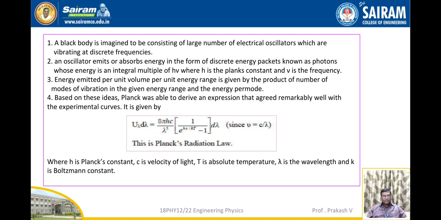It is given by u lambda d lambda is equal to 8 pi hc by lambda to the power of 5 into 1 by e to the power of h nu by kT minus 1 into d lambda. This is known as Planck's radiation law. Here h is Planck's constant, c is the velocity of light, T is the temperature, lambda is the wavelength, and k is the Boltzmann constant.